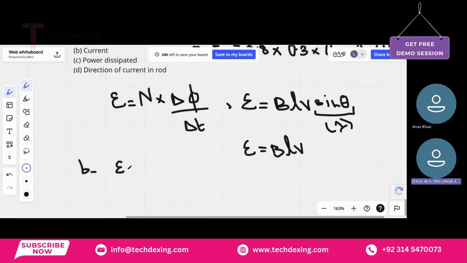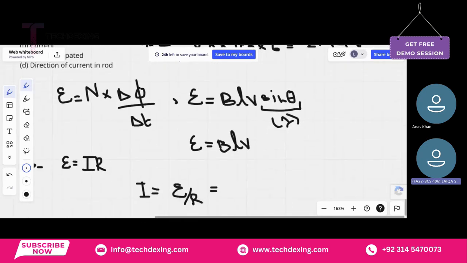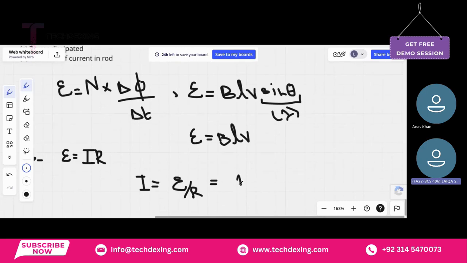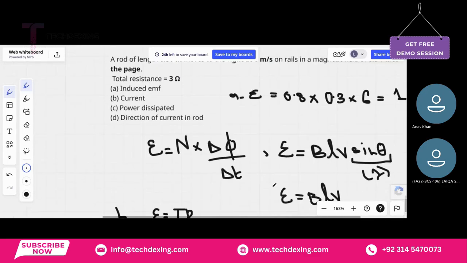We rearrange it, so I equals epsilon by R. Epsilon has the value 1.44, and we divide it by the resistance, which is 3.